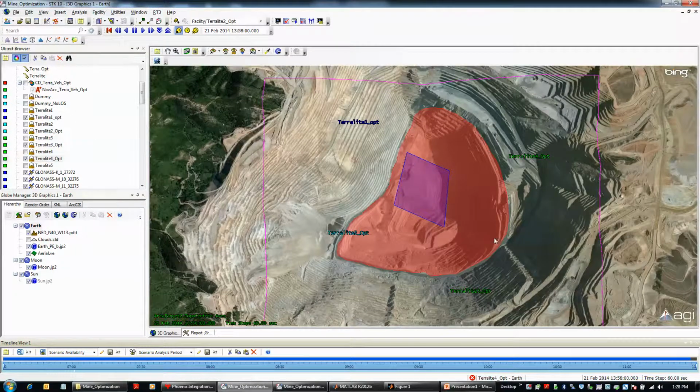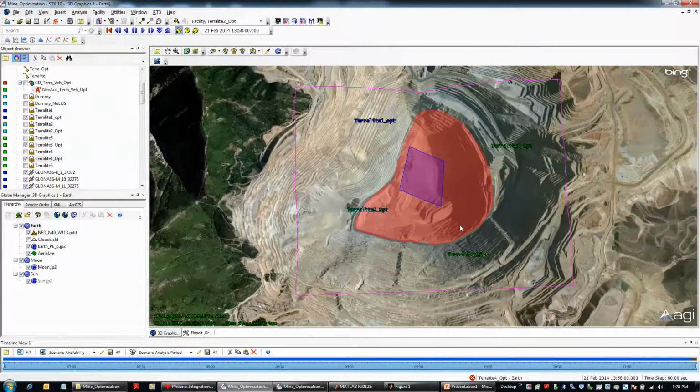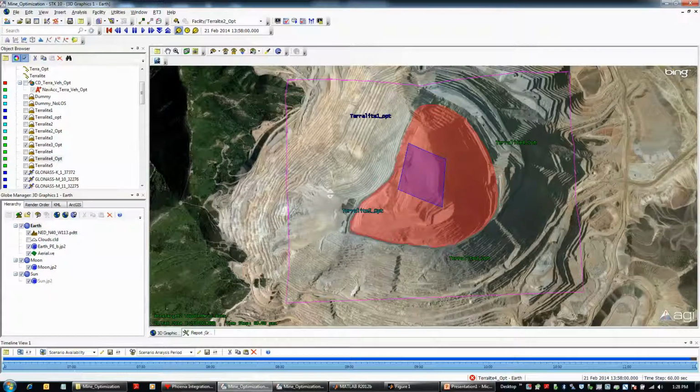So now you are able to see the position of these 4 terralites, and our objective is to place these terralites in any of this region so that the navigational accuracy of this blue region goes to the maximum.